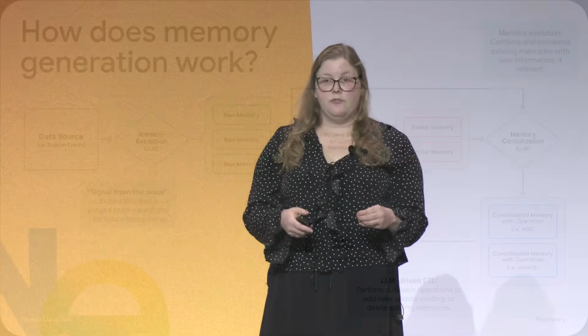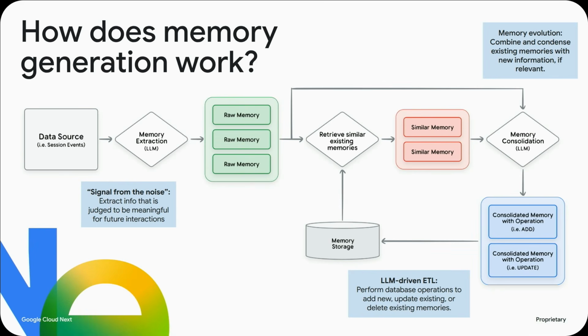You're providing that to Memory Bank, and Memory Bank uses a memory extraction LLM to extract what is meaningful to persist from that conversation. Then we have these candidate memories that we want to figure out if we have duplicates for. The example I always use is, what if I'm very chatty with an agent and I always introduce myself to be polite?